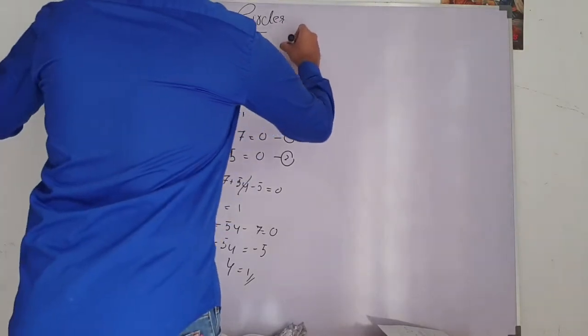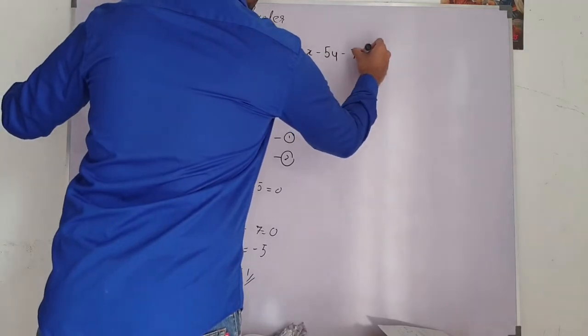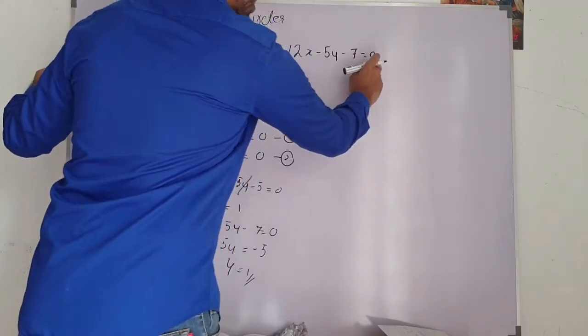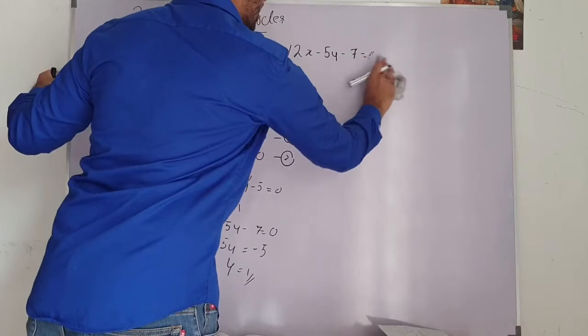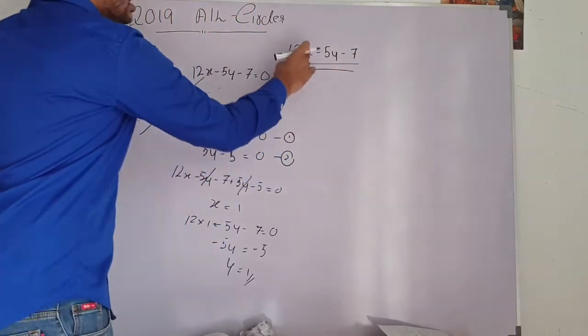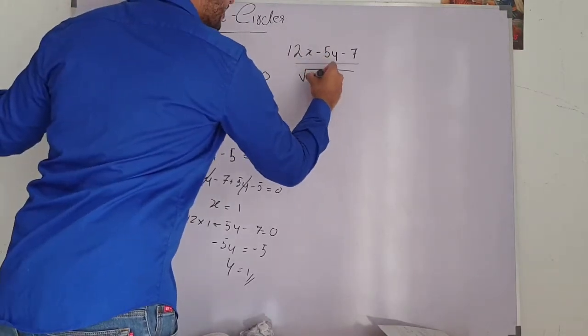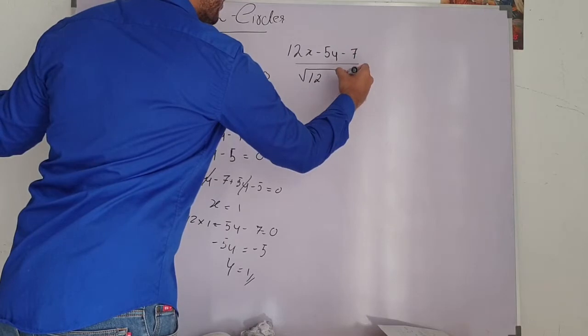So now we have 12x minus 5y minus 7 equals 0. We don't need to write this 0 in this equation, so I will erase it. Over the square root, the coefficient of x is 12 and the coefficient of y is 5.